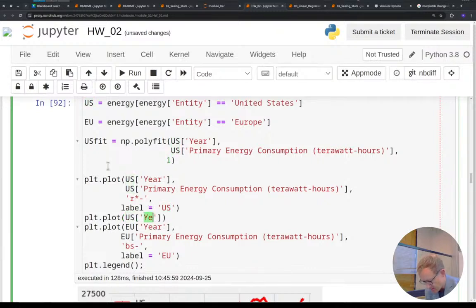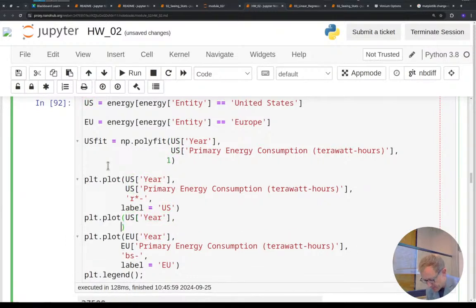US year, and if I have the fit, then I can plot the fit because it's a straight line. One way is this polyval. I'll probably mess it up, but I think it's US fit and then X values. And if not, then we'll go back in and change it.